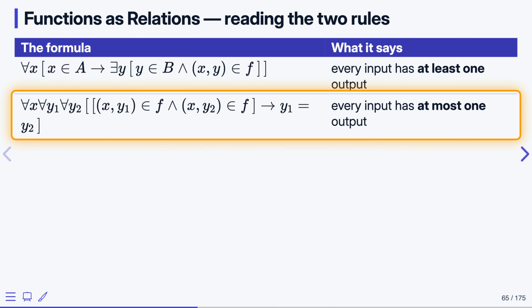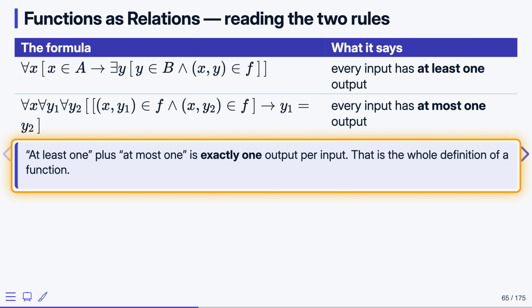The second formula says, if the pair x, y1 is in f and the pair x, y2 is in f, then y1 equals y2. In plain words, an input cannot have two different outputs, so every input has at most one output. Now put them together. At least one and at most one means exactly one. That is the whole definition of a function, written in logic.